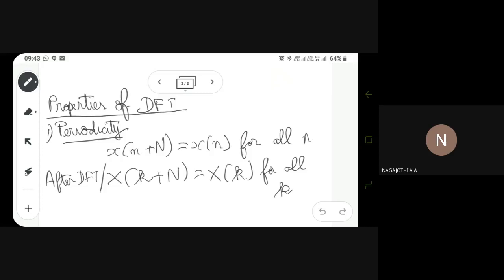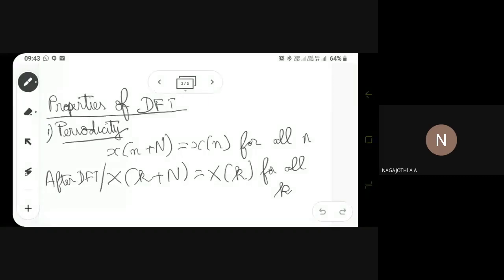So getting clear? So this is based upon the periodicity.